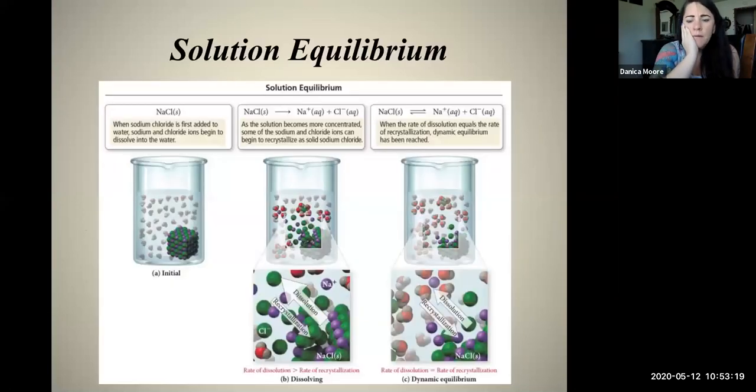Cool. So I just want to mention one more thing. I think the sodium chloride example of solution equilibrium is kind of a bad one, mainly because the equilibrium lies so far to the product side in this case that it doesn't even really seem like there's any back and forth, right? But there's one big example from chapter 4 where the aqueous version of something doesn't necessarily break down into ions.